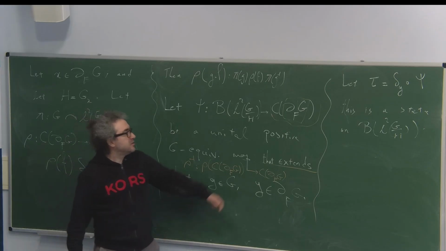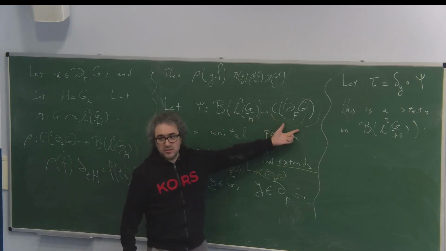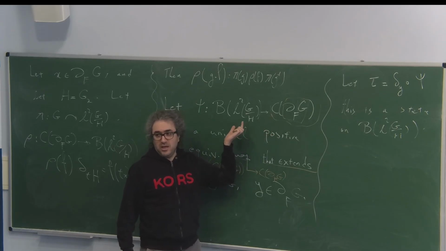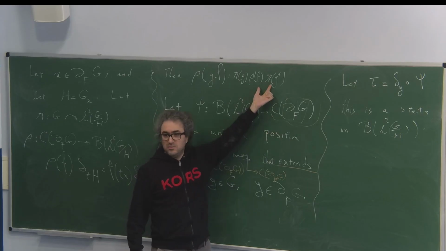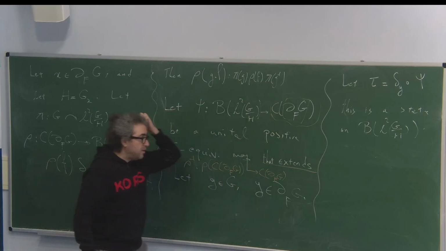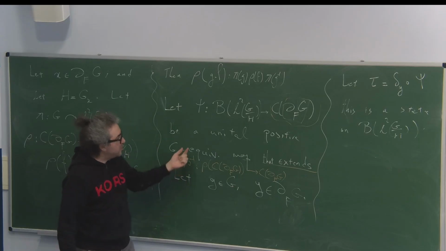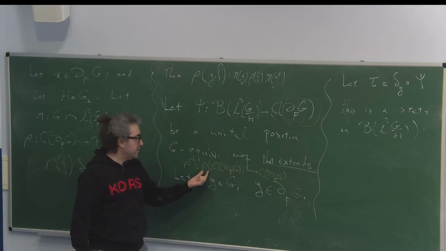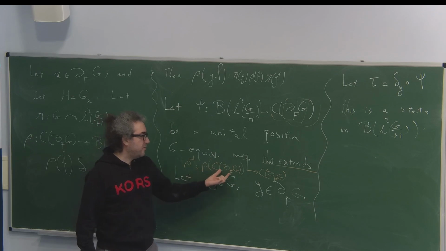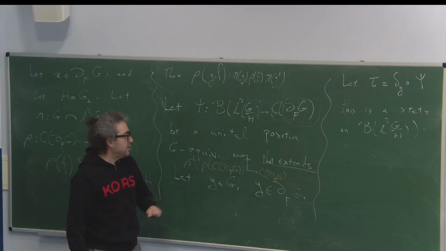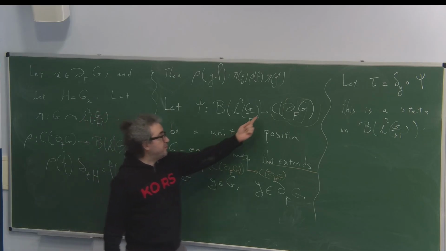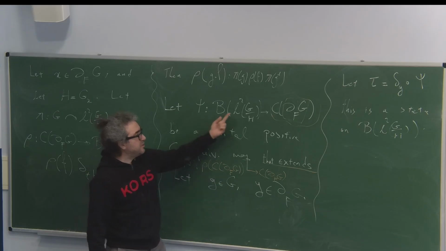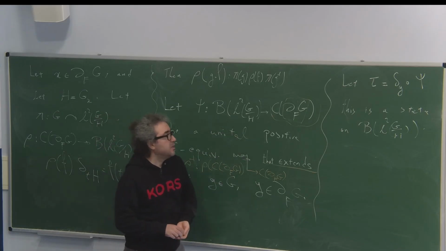I said this is the smallest one that you always have maps into, but in fact it is injective, in the sense that any map that goes into it can be extended. So this map, the obvious inverse of rho, is equivariant, unital, and positive. Therefore, by the properties of this space, you can extend it to a map with similar properties from here to here.